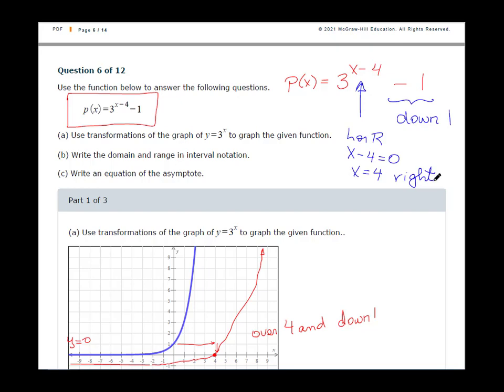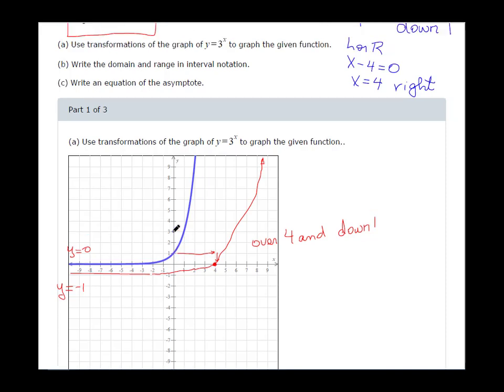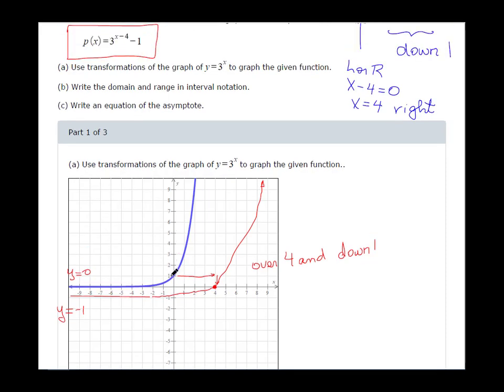So right by 4, down by 1. I always pick the easiest point, you see. So here it was at 0, 1. So where did I go again? Over 4. 1, 2, 3, 4, and down by 1. So that's where it would go.